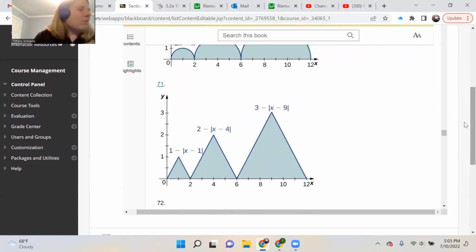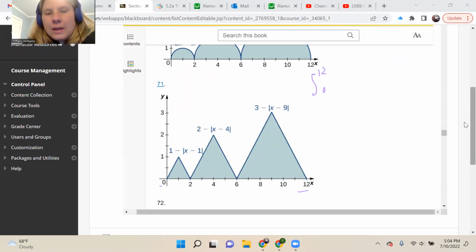So number 71, what I want to do is actually show you what the integral looks like set up, and then we're actually going to go through and calculate it. So if I was to set up my integral, it would look like this. It'd be the integral from, well, we're going from 0 to 12, and then it's going to be of all these pieces here.